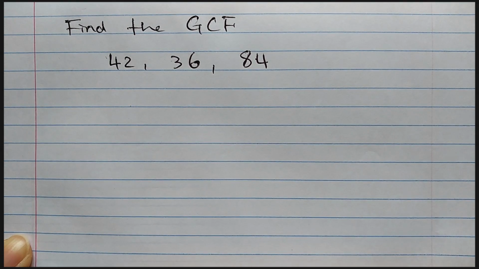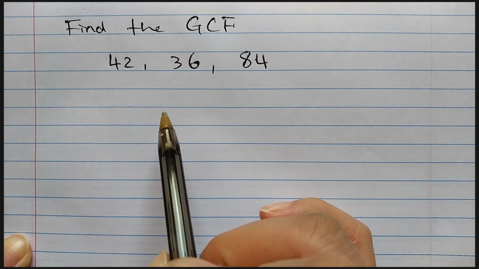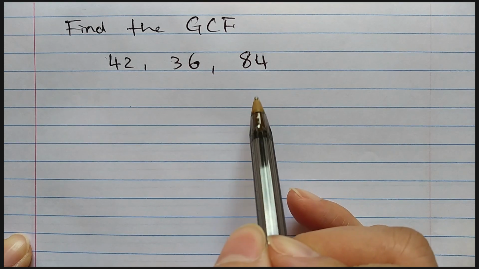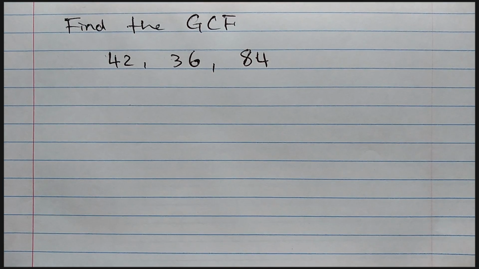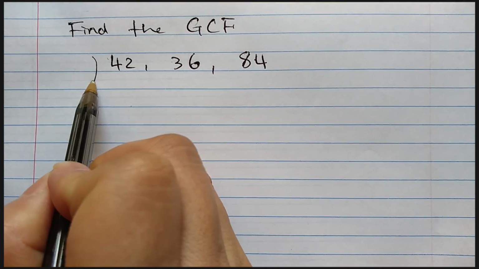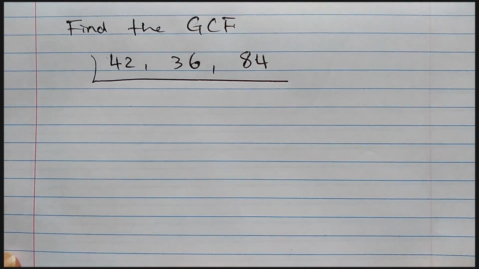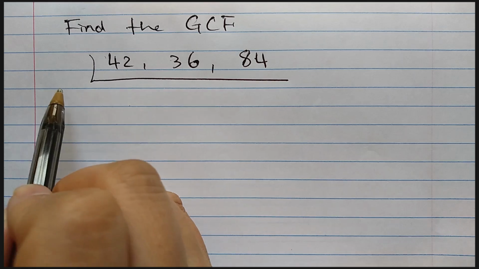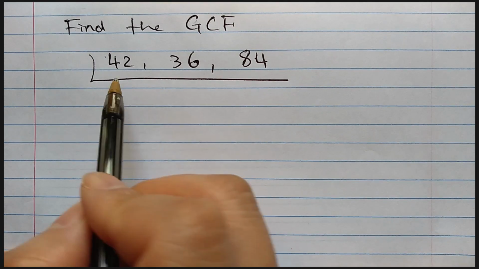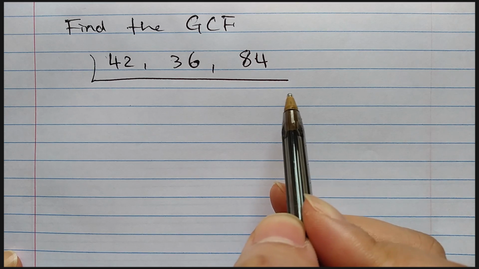Sometimes you have to find the greatest common factor of 3 numbers. So let's try these. Find the greatest common factor of these 3 numbers: 42, 36, and 84. We do the same thing. Do this upside down division. First, can you think of a number that divides all 3 numbers?